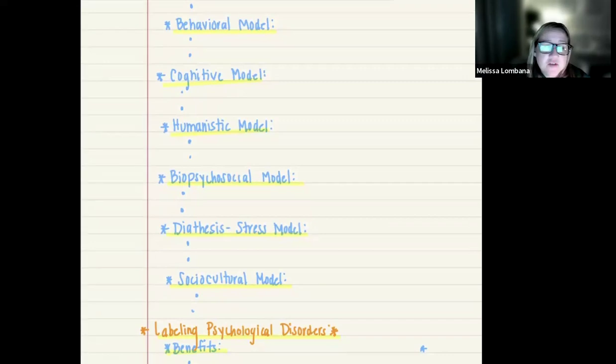Next one is going to be the humanistic model. They believe that mental illnesses stem predominantly from low self-esteem, poor self-concept and feelings, but also maladaptive behaviors. And this is also the result of their inability to be one's authentic self.